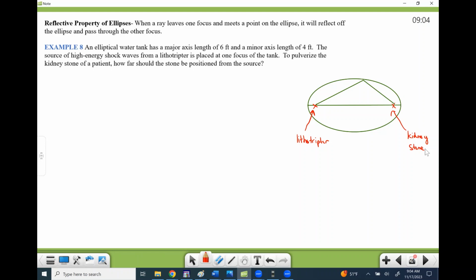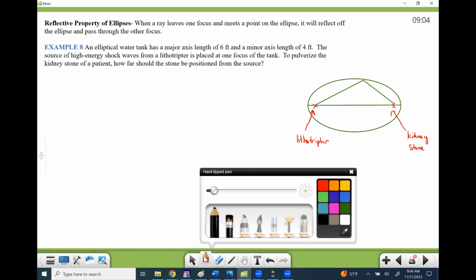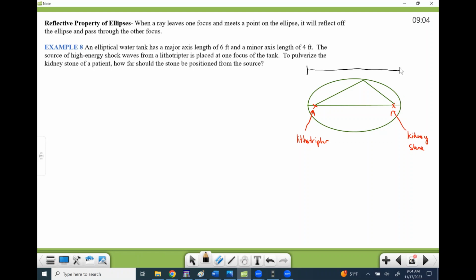Anyhow, we know that the major axis length is 6. So this whole thing is going to be 6 long, but we don't really care about the whole thing. We care about from the center out to a vertex.